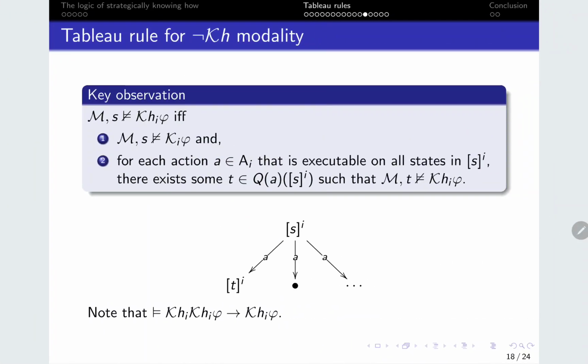Then we are going to deal with the negation of the know-how modality. Firstly, let's see a key observation.